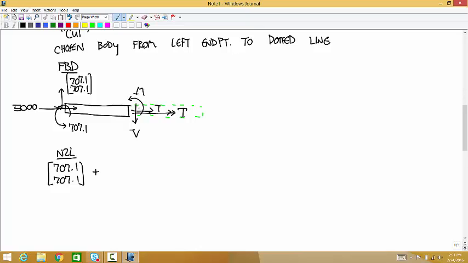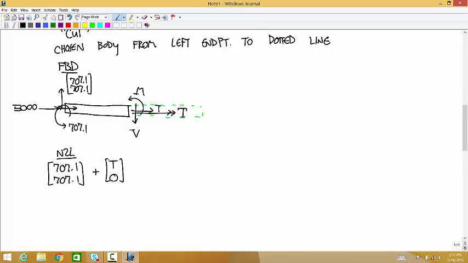A good way to think of these, if you ever get confused about the signs, is to think of this being a force that's made up of a scalar T times a unit vector in that direction. So what's a unit vector in that direction? A unit vector is 1, 0. So T times 1, 0 gives you a force T, 0.